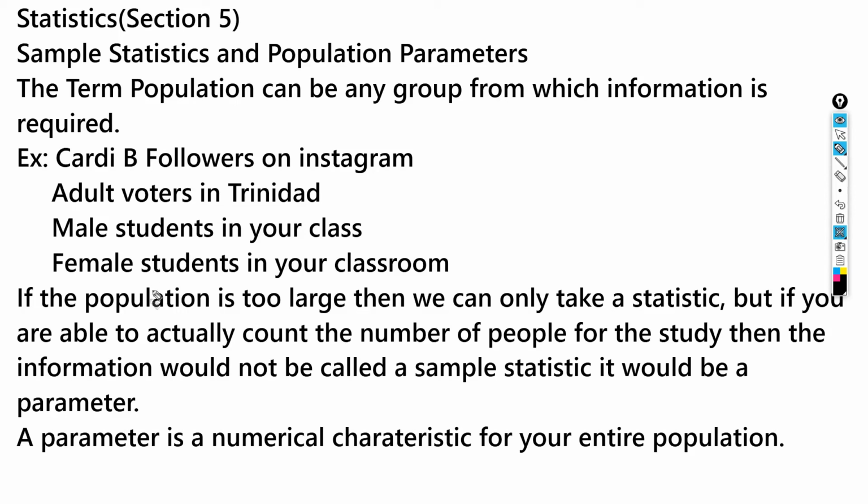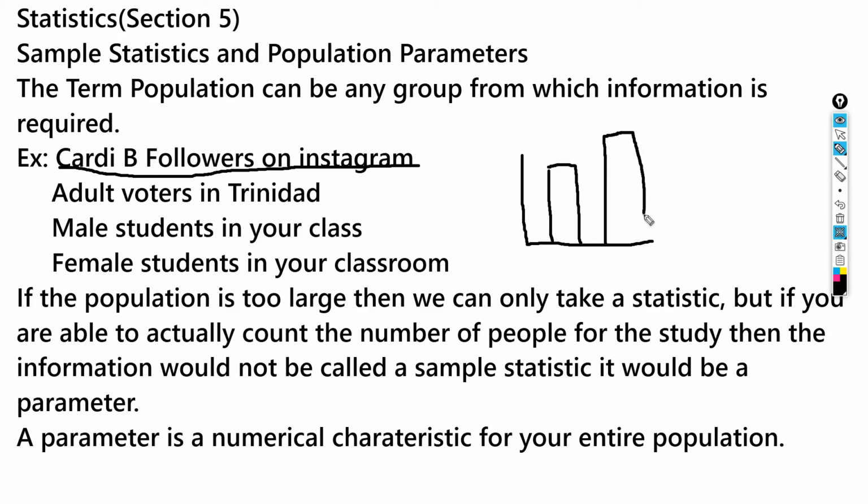For example, if you want to do a questionnaire, or if you want to do a bar chart in terms of how many people in your school, actually how many females in your school, actually like Cardi B, or whatever the case may be, you just have to make sure you have that exact amount of females in your class, right?